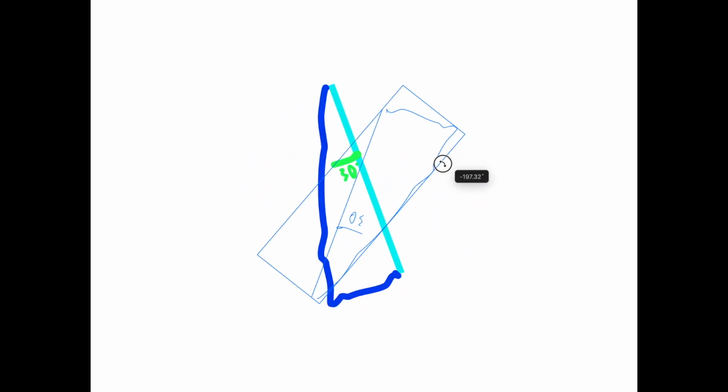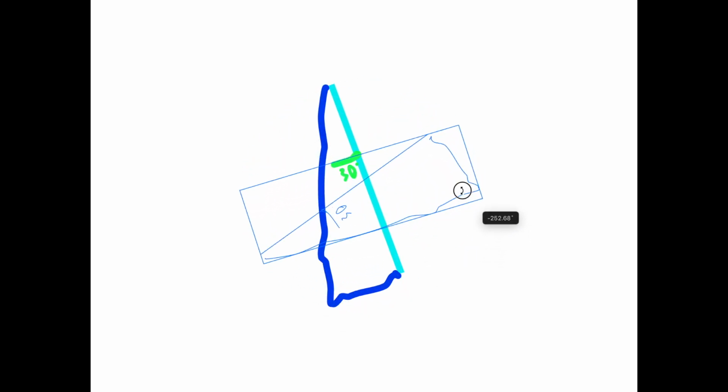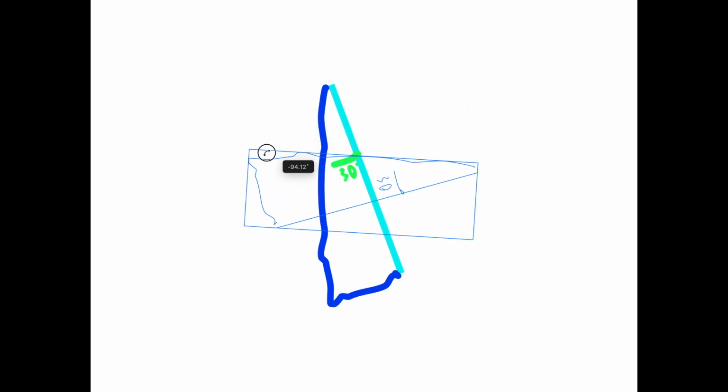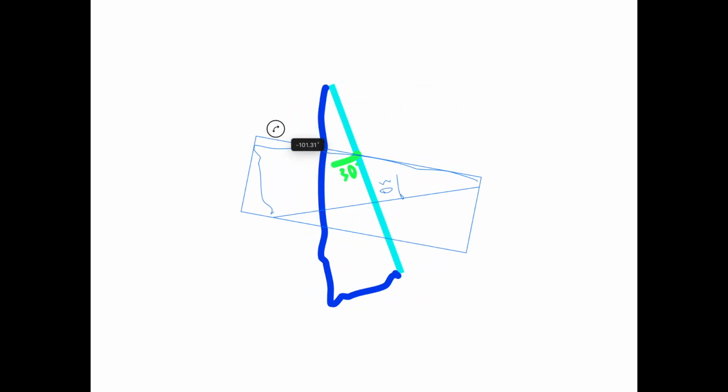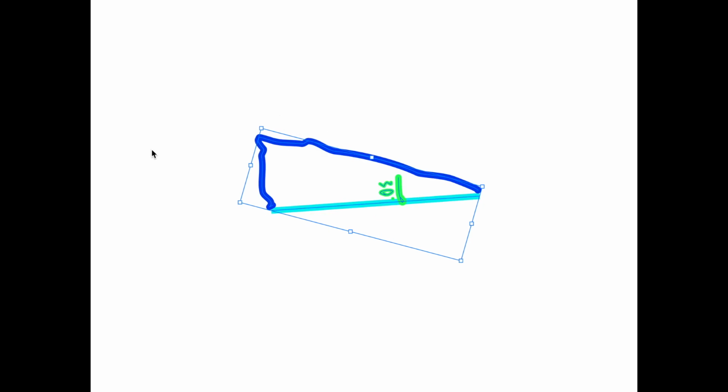Did we get everything? I don't think we got everything, but it's okay. We're going to rotate this so it looks like this. It looks kind of weird now, so let me draw it again.